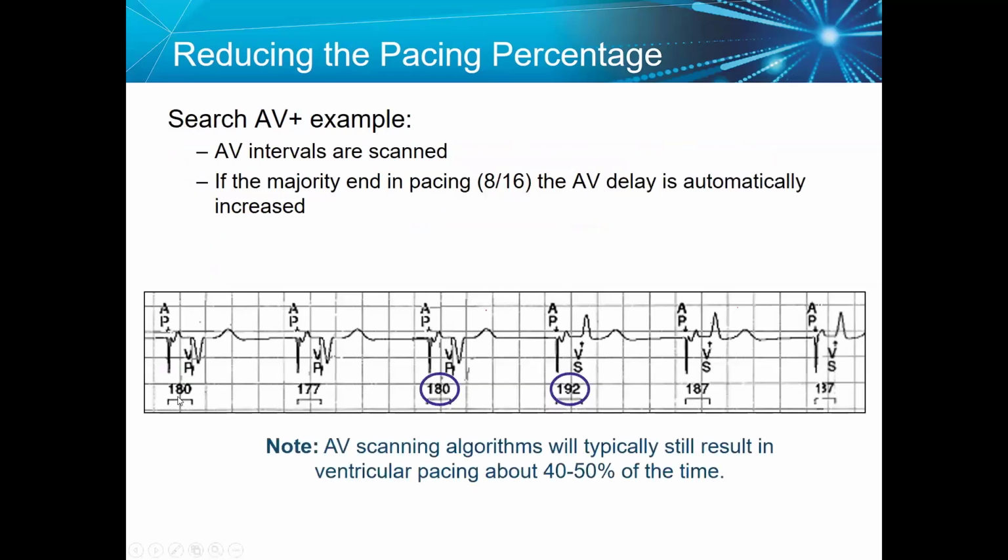conduction. Here is a good example that we see in the surface ECG: atrial pacing, ventricular pacing, atrial pacing, ventricular pacing, atrial pacing, ventricular pacing, and then increase the AV delay. Okay, atrial pacing, ventricular sensing, and continue as atrial pacing, ventricular sensing by increasing the AV delay, and this will guard the patient against RV-induced cardiomyopathy.